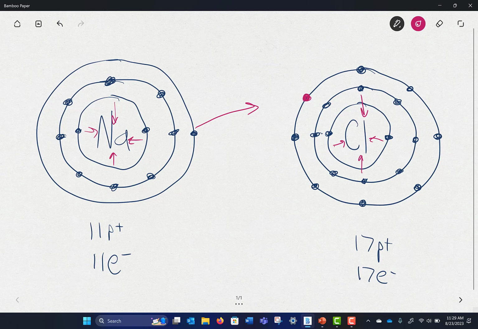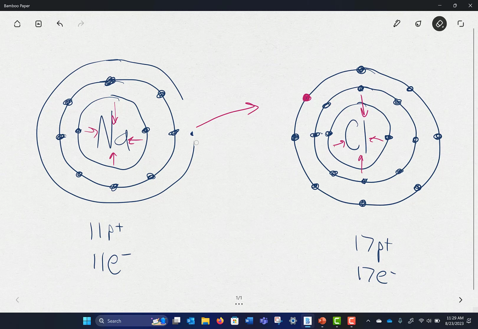So now what do we have here? Chlorine has a full valence shell. It's happy. It's great. Sodium, what happened over there? Well, it only had 1 valence electron, and that valence electron is gone. It is the valence electrons that create the shell.